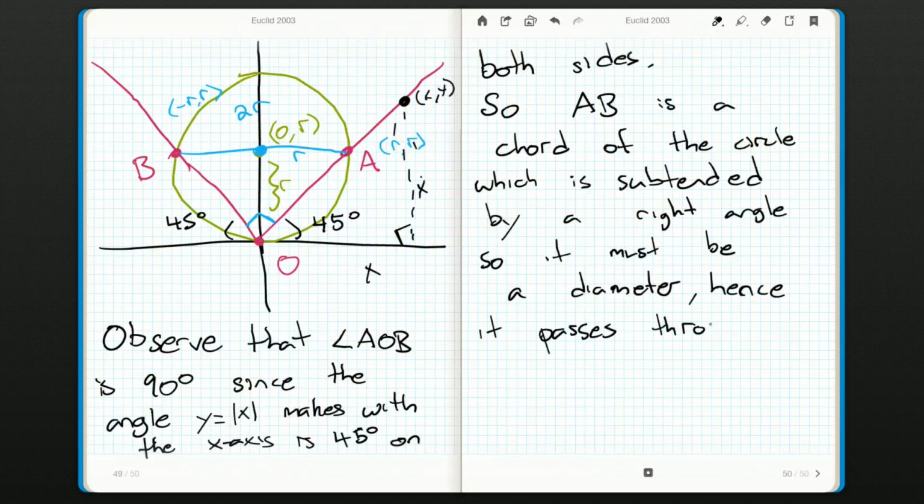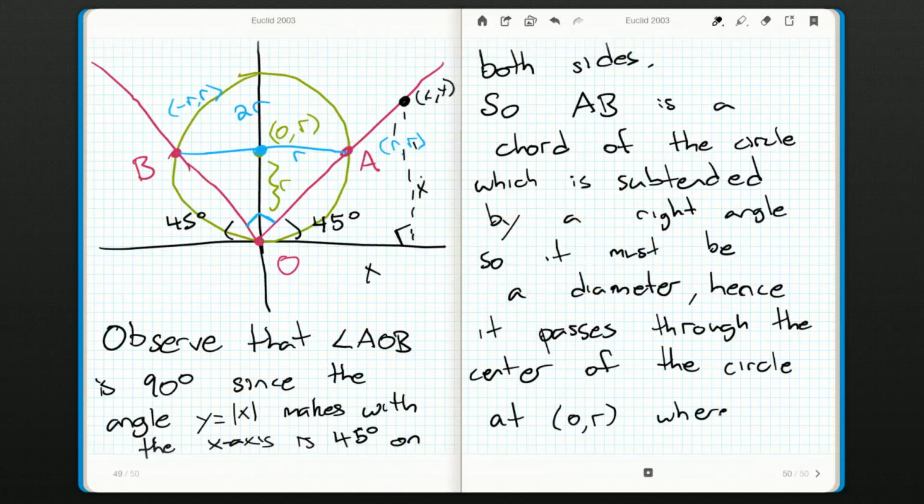So it passes through the center of the circle at (0, r), where r is the radius. Okay.